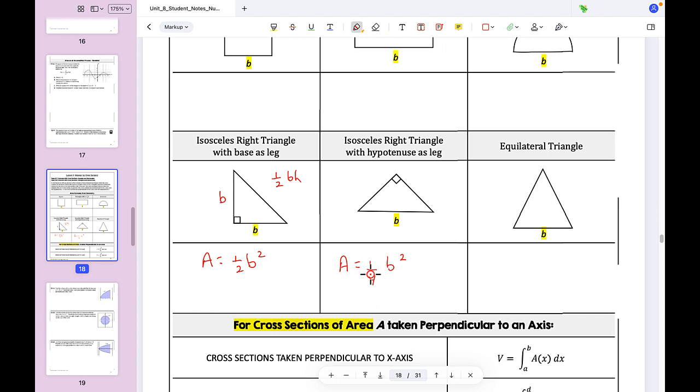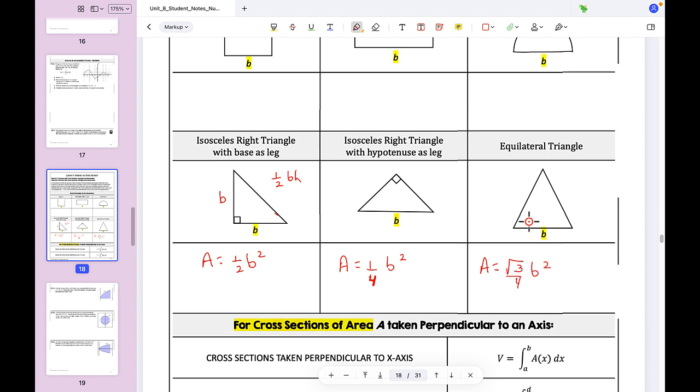And I don't want to take time to show you where that came from. You could do it if you wanted to, if you just use your Pythagorean theorem to find out what this other side is, and you could come up with this, okay? For an equilateral triangle, we're going to use the formula square root of 3/4 b squared.